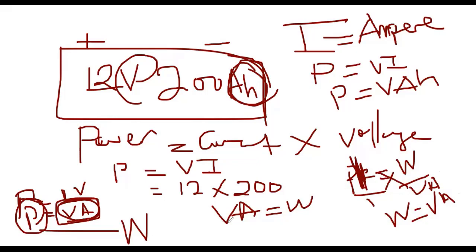So I can say my VA is also watts, but it is an ideal situation, where you have power factor of 1. And I've told you power factor is between 0 and 1. The utility power factor is 0.8. So power factor cannot be 1. That's an ideal situation, but you always have losses.